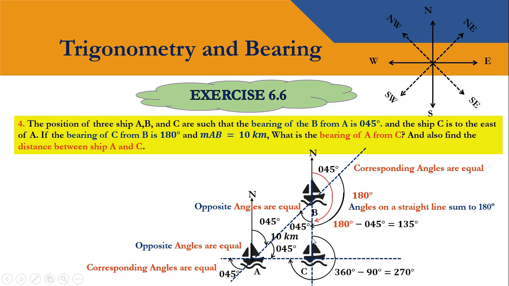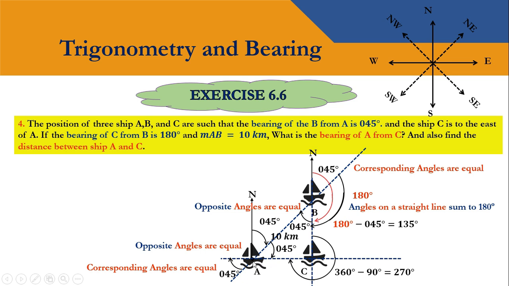Now the bearing of A from ship C is equal to 360 minus 90 degrees, because this angle is 90 degrees and the angle of a complete circle is 360 degrees, so this will be 270 degrees. This is the bearing of A from C. Now we have to find the distance between ship A and C. As you know, this is a right angled triangle, and we have the value of the hypotenuse, which is 10 kilometers, and the base angle is 45 degrees.